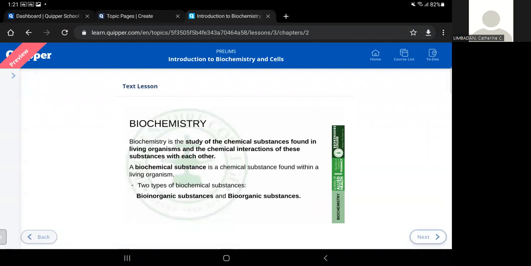A biochemical substance could be classified into two: inorganic and organic substances, or inorganic biomolecules and organic biomolecules. They are just the same, bio-inorganic and bio-organic substances.